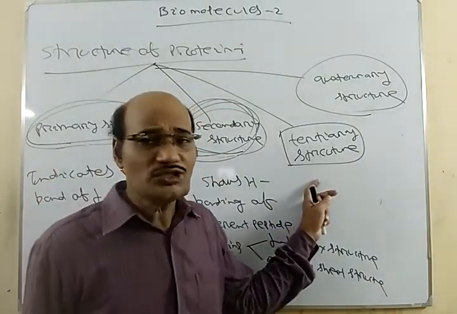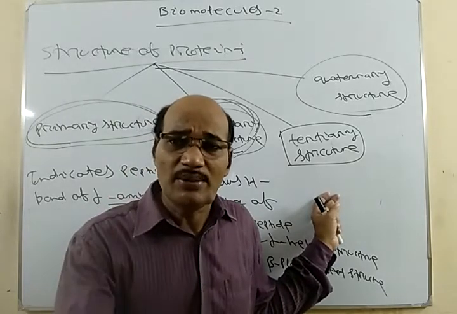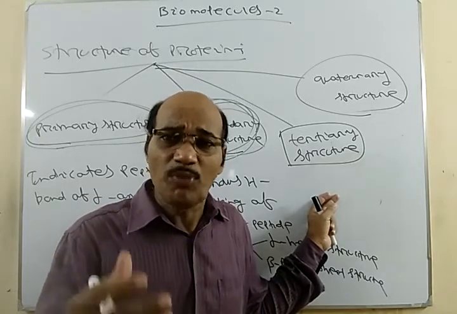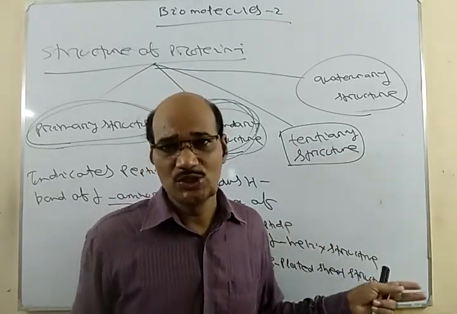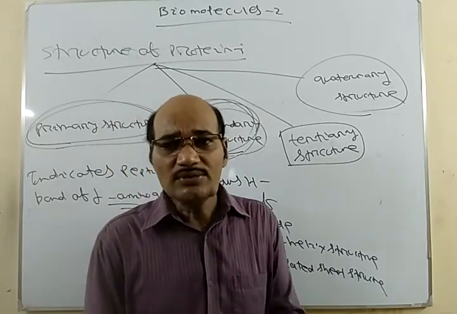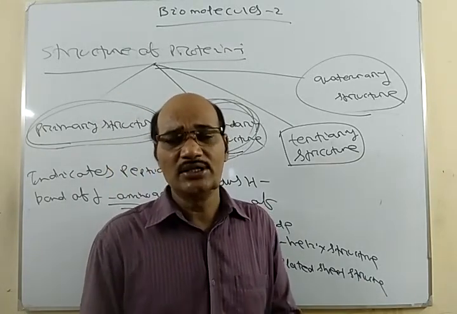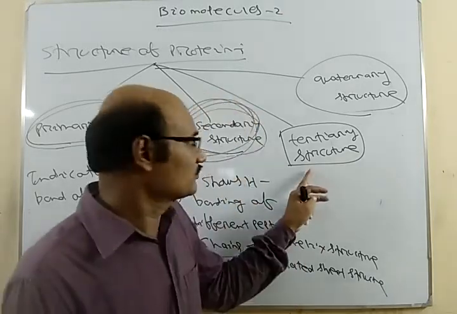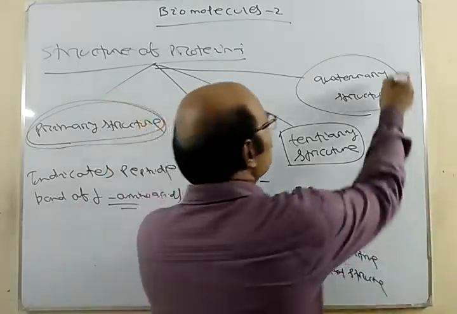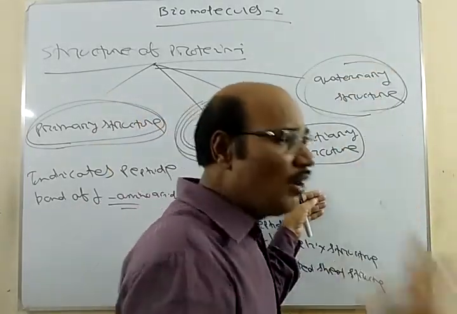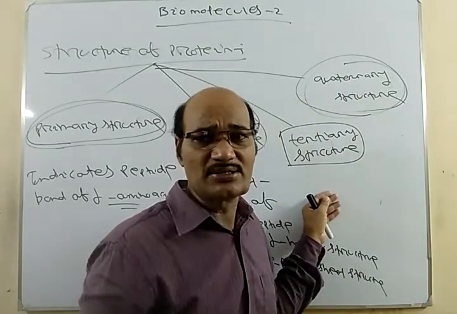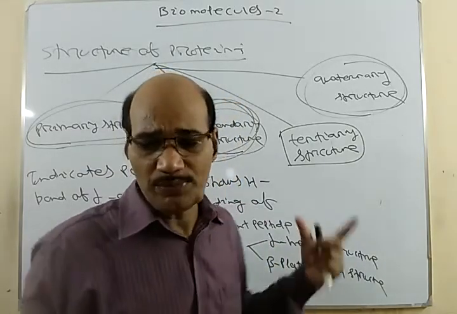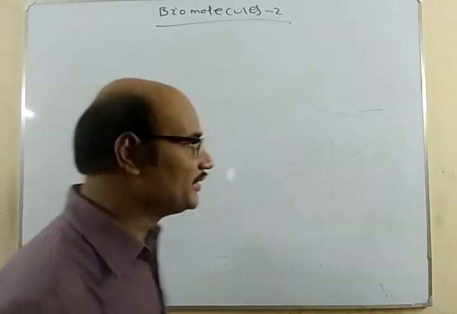The tertiary structure refers to the final three-dimensional structure that results after the twisting, bending and folding of the protein helix. Okay, and the quaternary structure indicates how the different polypeptide chains are associated to form the protein complex.